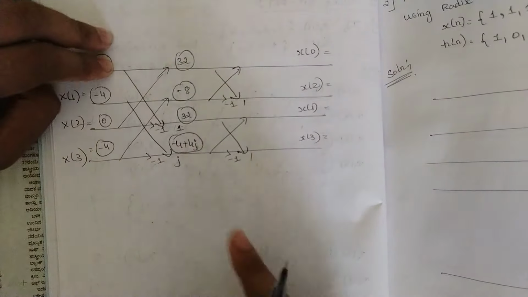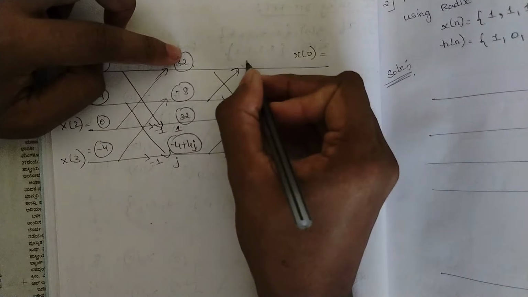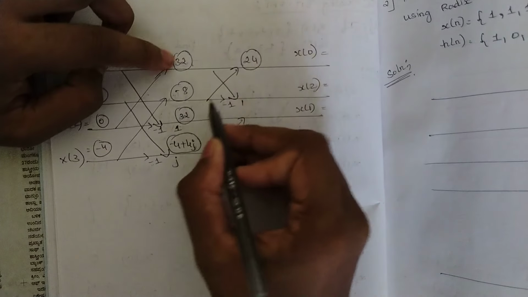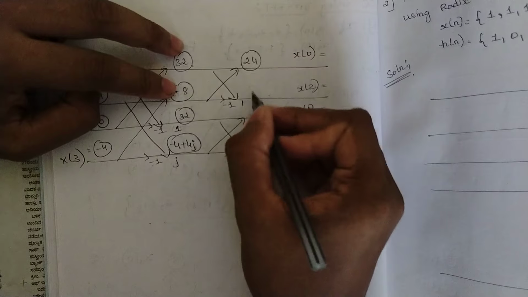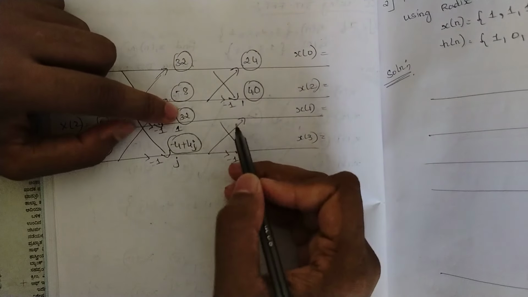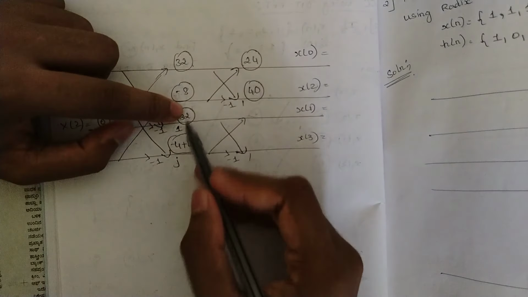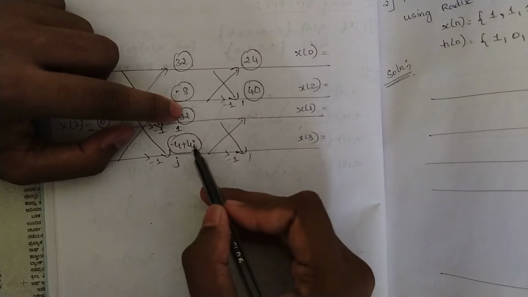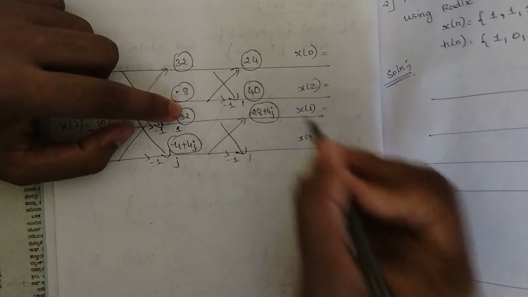Okay, so these are the 4 values. So now next, 32 minus 8, that is 24. Minus 8 into minus 1 is plus 8, and 32 plus 8 is 40 into 1, again it is 40. 32 and minus 4 plus 4j, right? 32 minus 4 is 28 plus 4j. 28 plus 4j.